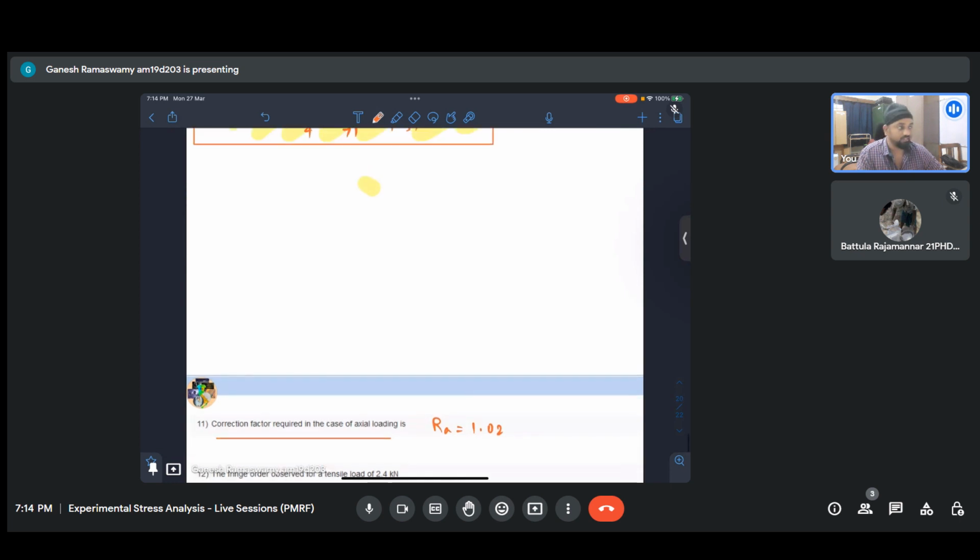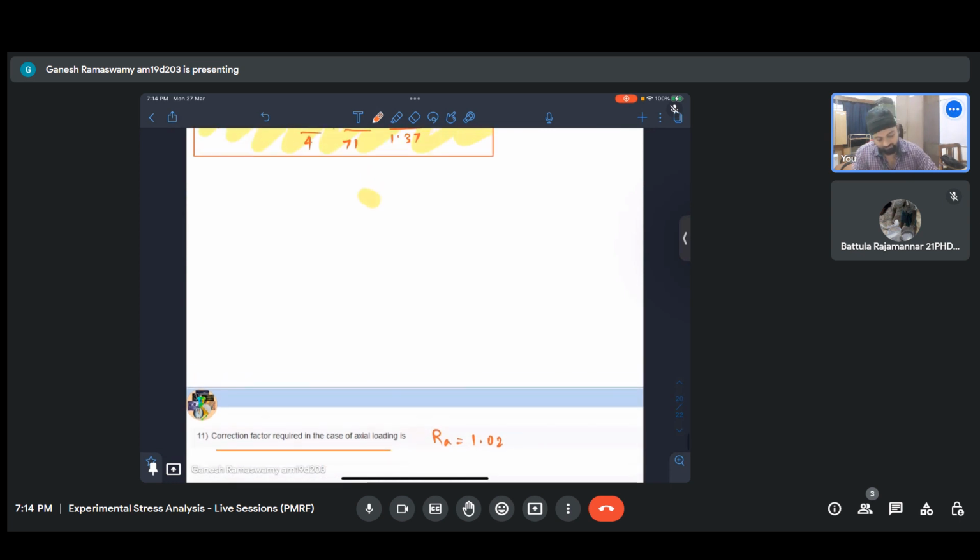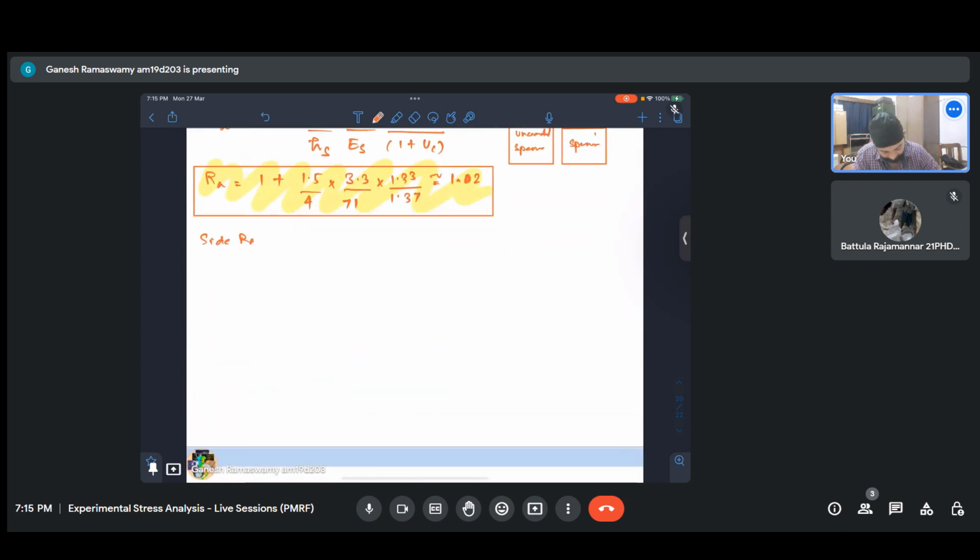So we know that in the axial load case, the side rails is what it was called. The side rail is subjected to uniaxial compression, in which case sigma 1 will be 0, sigma 2 will be minus, what was the load?